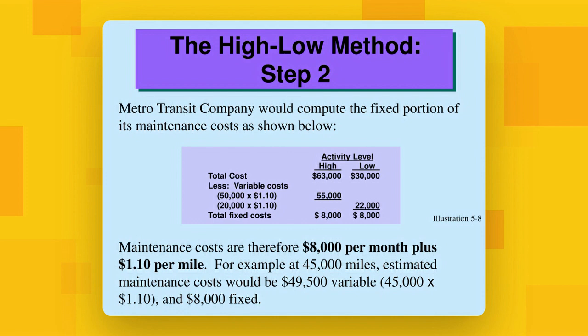So 50,000 times 1.10, you have 55,000. For the low activity, 20,000 times 1.10, you have 22,000. So 30 minus 22, your total fixed cost is 8,000. Both should be the same, 8,000. If the same, meaning you are correct in computing your total fixed cost.